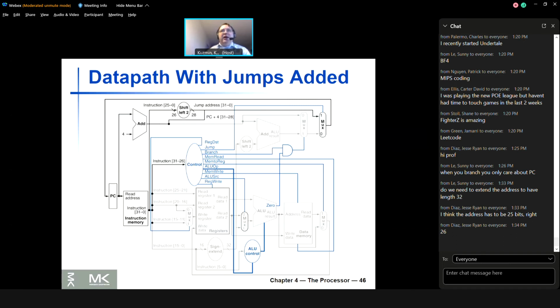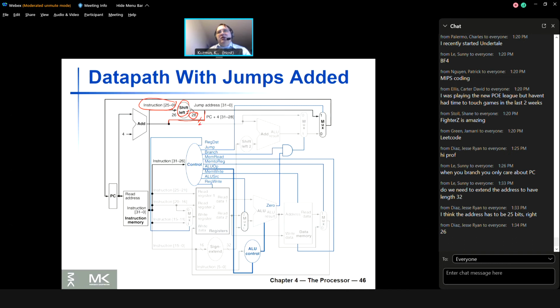All right, and so that's how this data path with jumps looks. We take bits 0 to 25 from the instruction. This is our address. We shift left 2, and then we take the 4 bits from the PC and combine them with the 28 bits. Note how this says 4, right?